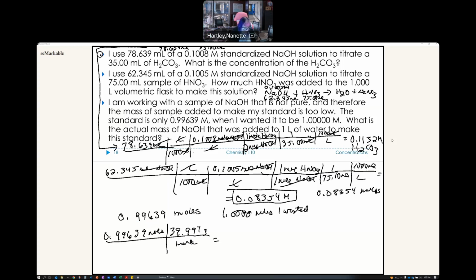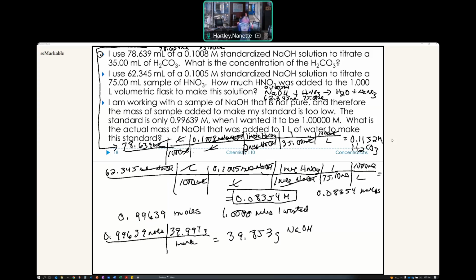Then I can multiply those two together. And 39.85 and 1, 2, 3, 4, 5, 3 grams of NaOH is the mass of NaOH that was actually added. Now, I probably added more to try and make this work, right?